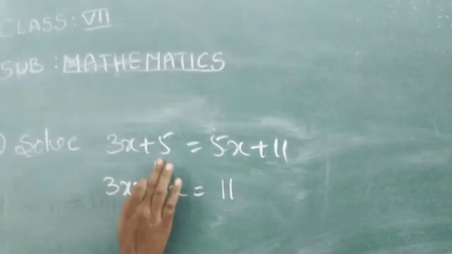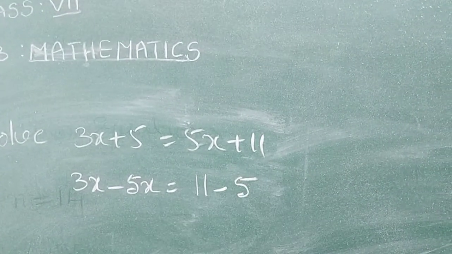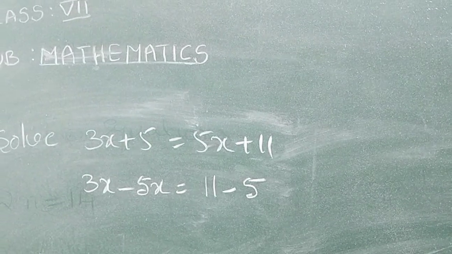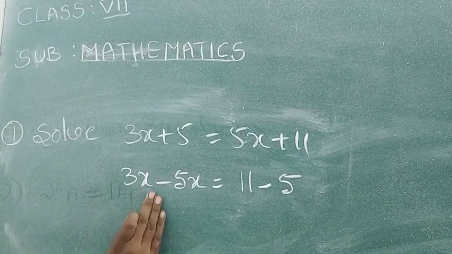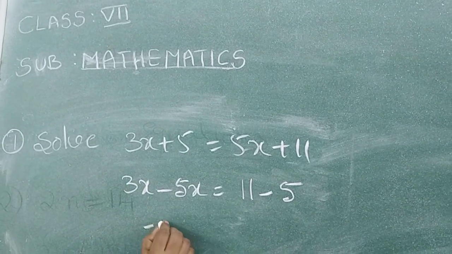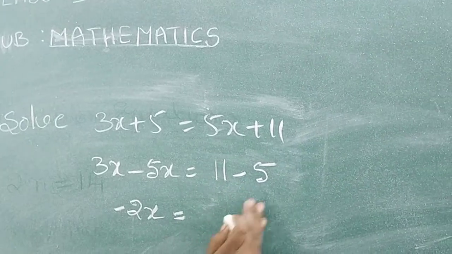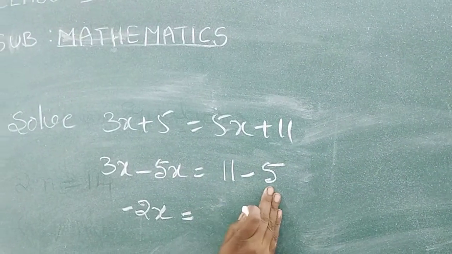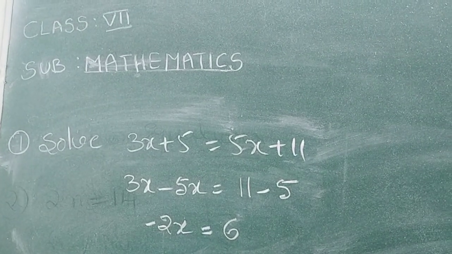Plus 5 on the left goes to the right as minus 5. 3x minus 5x, that is 3 minus 5, minus 2x. 11 minus 5, that is 6.